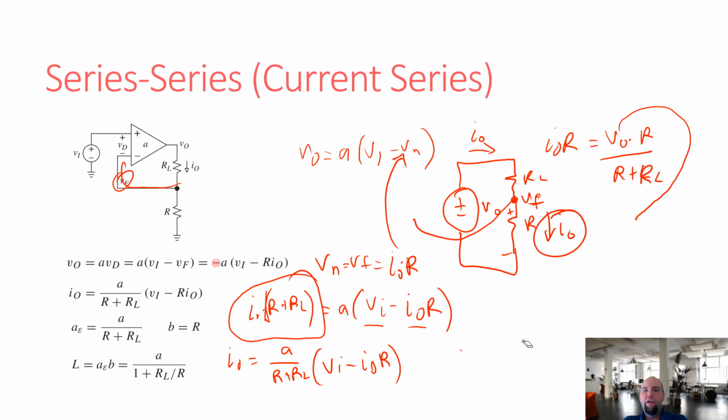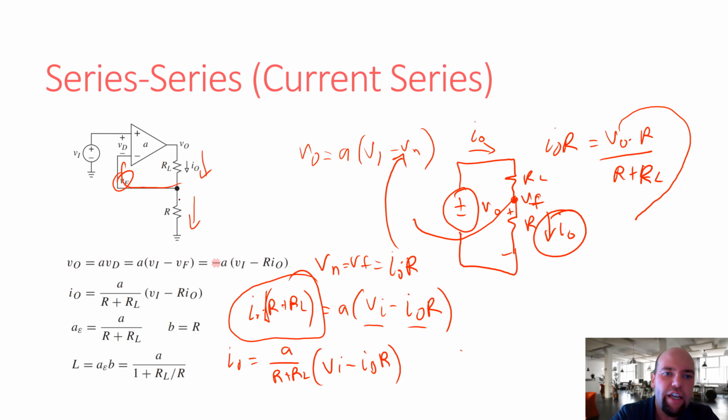Okay. So now this might raise the question of how did we know in this circuit that we were sampling current? Essentially what's happening here is whatever current is flowing through our output also has to flow through this resistor R. So we are using R to sample the current in series, right?